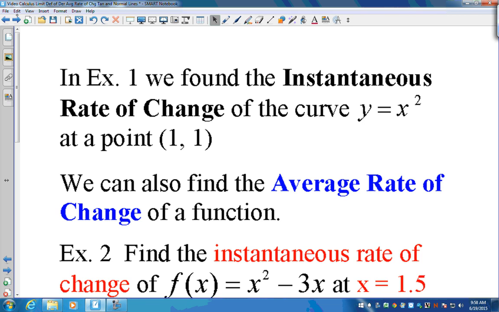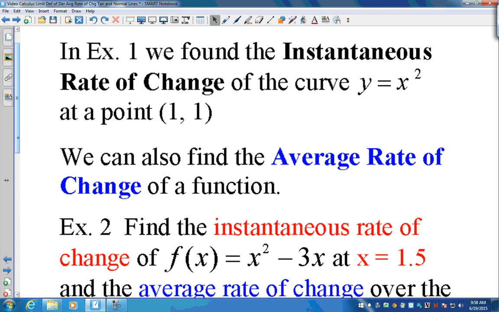It says here, in example 1, we found the instantaneous rate of change of the curve y equals x squared at the point 1, 1. All right, so just to recap again, we had y equals x squared. We were looking at the point 1, 1. The slope at that point was 2 because the slope was 2x.